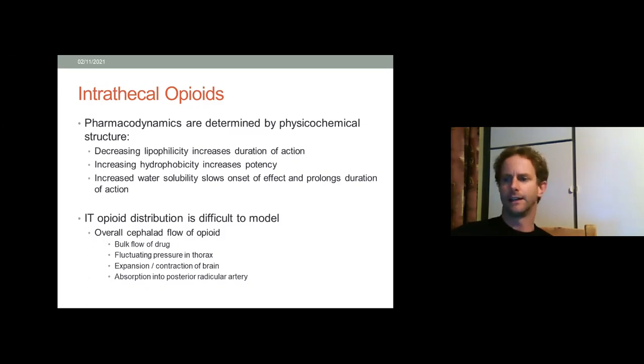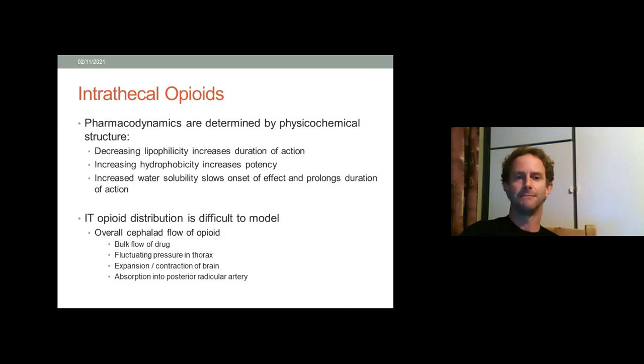Okay, so then they asked about how using different opioids in a spinal anesthetic can change the effects. And this is going back to the basics, pharmacodynamics and pharmacokinetics. So if you decrease how lipophilic a drug is, you increase the duration of action.